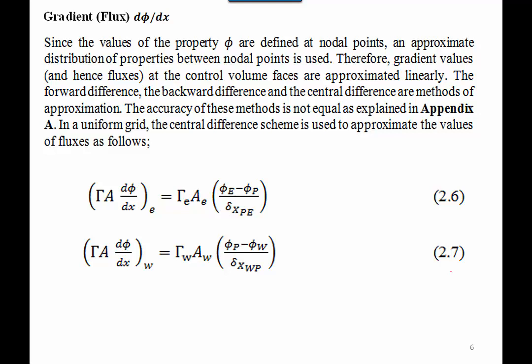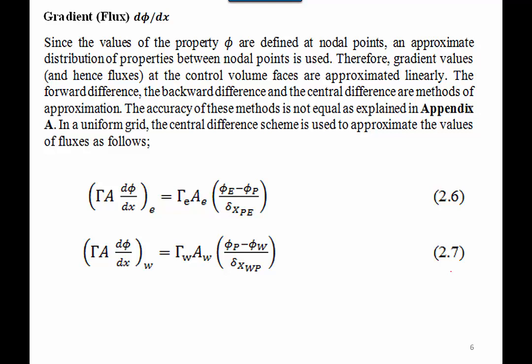These approximation methods are shown in Appendix A. In general, in a uniform grid, the central difference scheme is the most accurate of the three methods, and it is shown in equations 2.6 and 2.7.